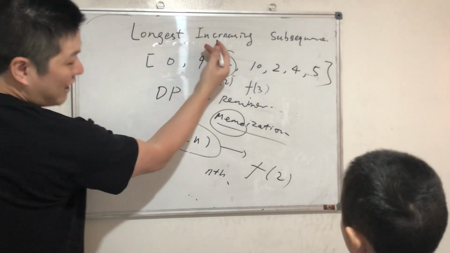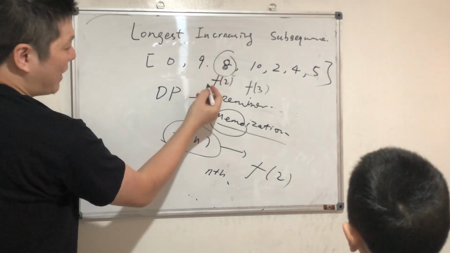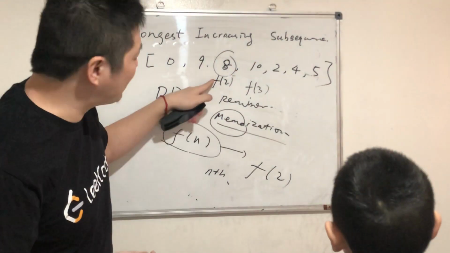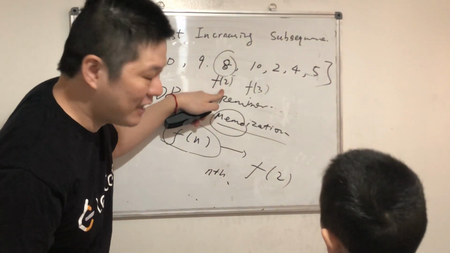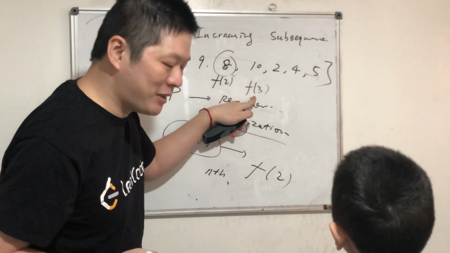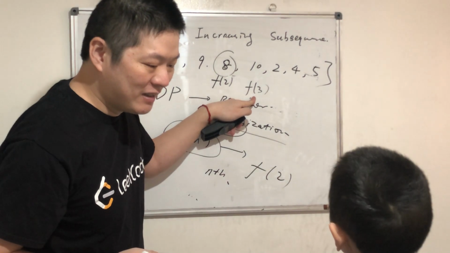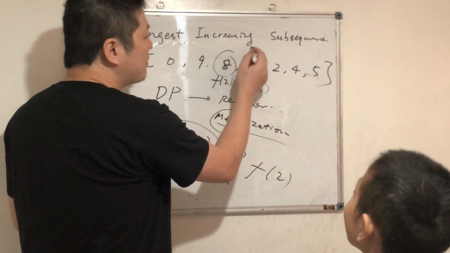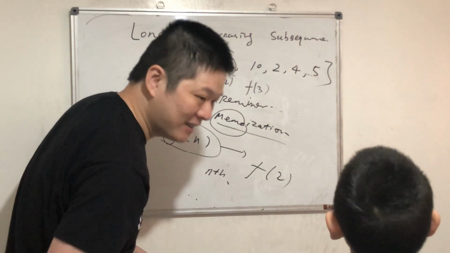There may be a million items before A, but I tell you the length of the longest increasing subsequence whose last number is 8 is F2. And now you know A is smaller than 10. F3 is the length of the longest increasing subsequence that ends in 10.